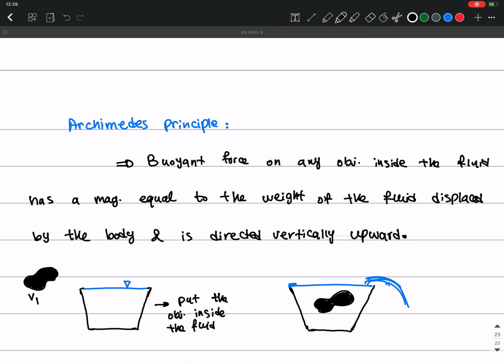And I want to know the buoyant force, the force that the fluid exerts on this body, on this object. The amount of that force can be found if we just calculate how much water is displaced. Say we have something here that catches this water.